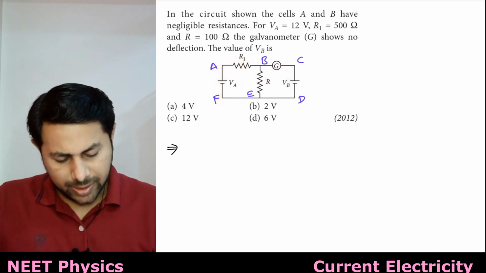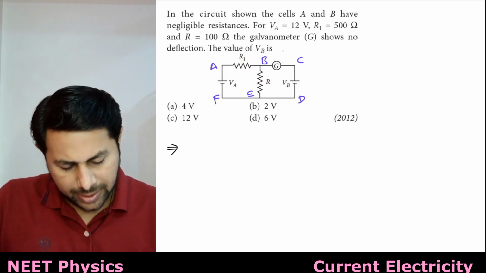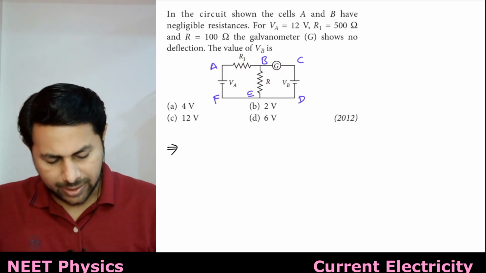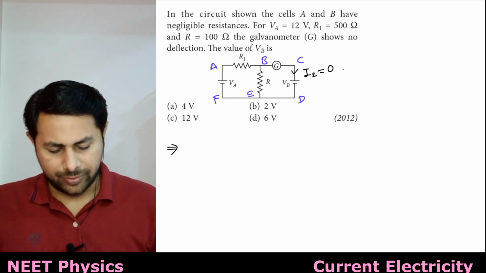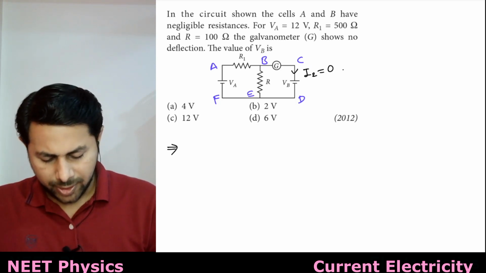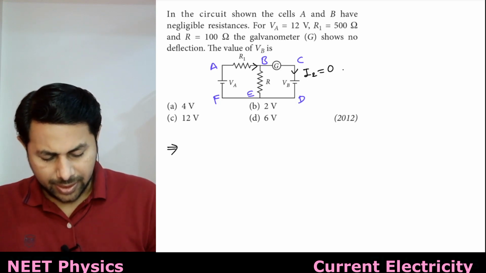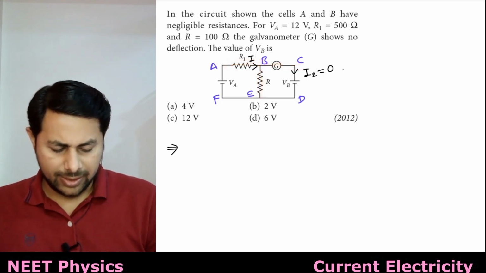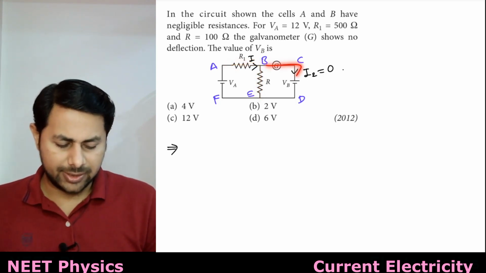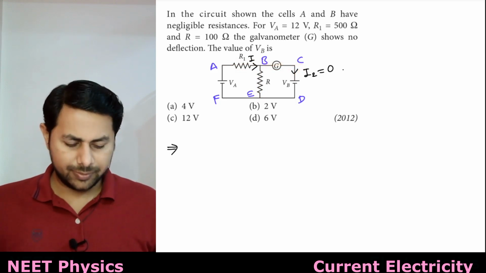The current through the galvanometer is 0. That means the current in this branch, let's say I2, is equal to 0. The current in this branch, let's say I, splits at this point into I1 and I2, so I1 would be equal to I, because the current in the second branch is 0.